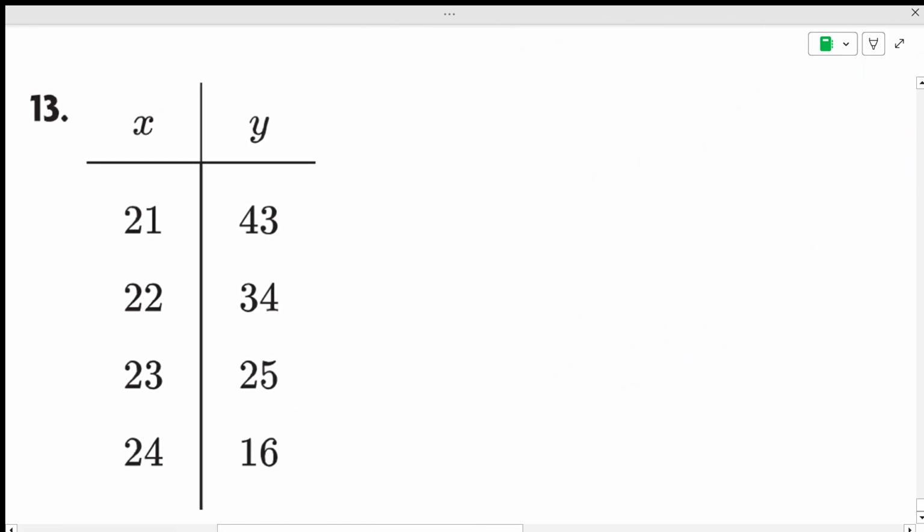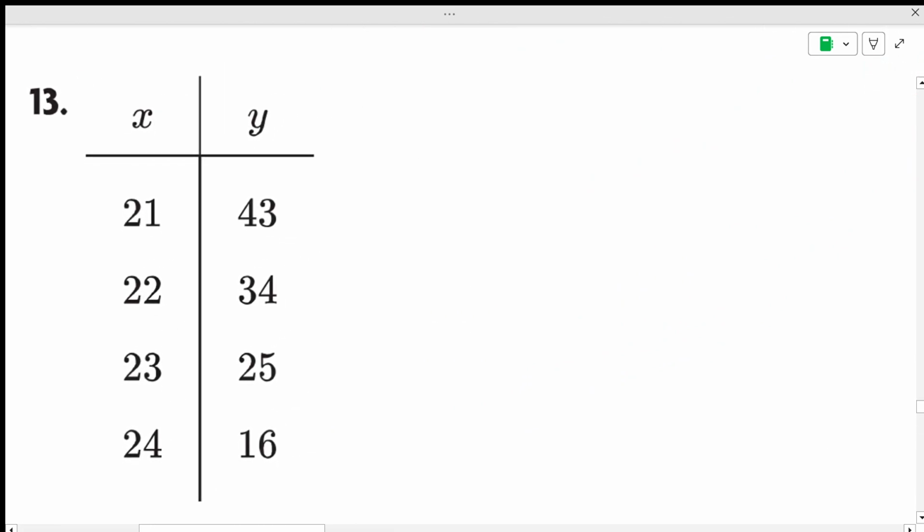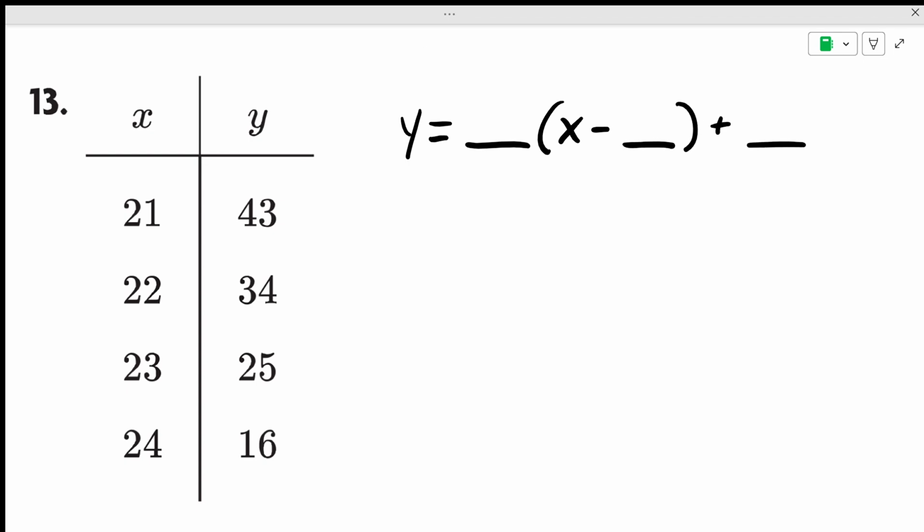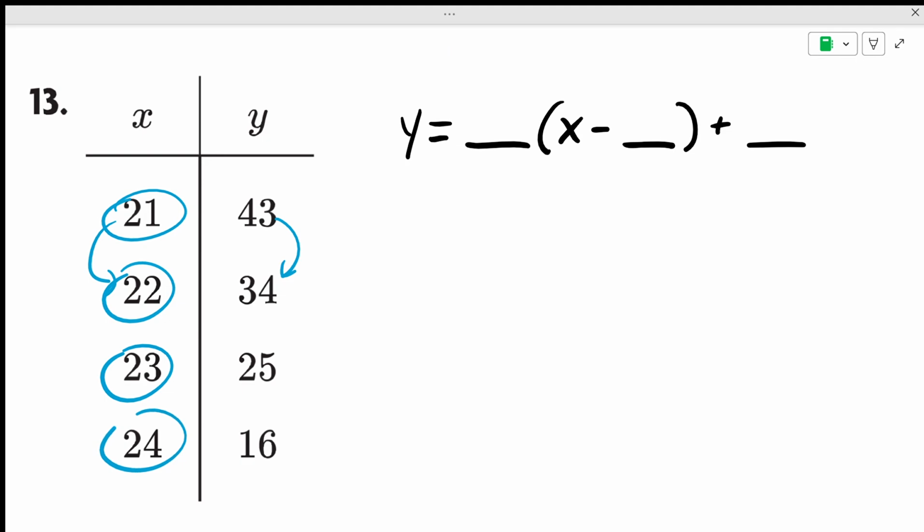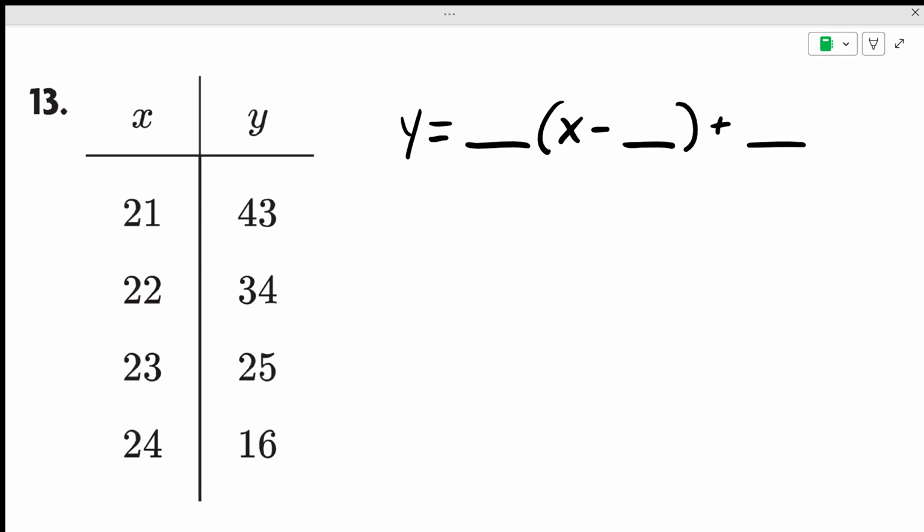Okay? Now again, my template is y equals slope times x minus the first x value plus the first y value. So let me find my slope from 43 to 34. Now, I'm going to be careful here because sometimes these numbers go up by 2s or 3s or 4s. So I'm going to find my slope using my rate of change formula. Okay, this is going to be x1 and x2, y1 and y2.